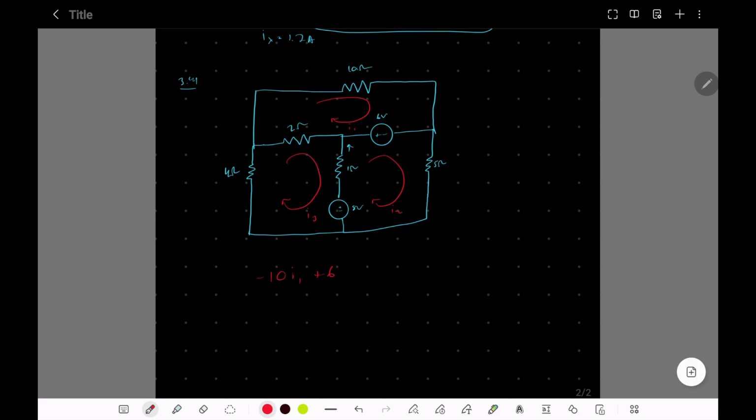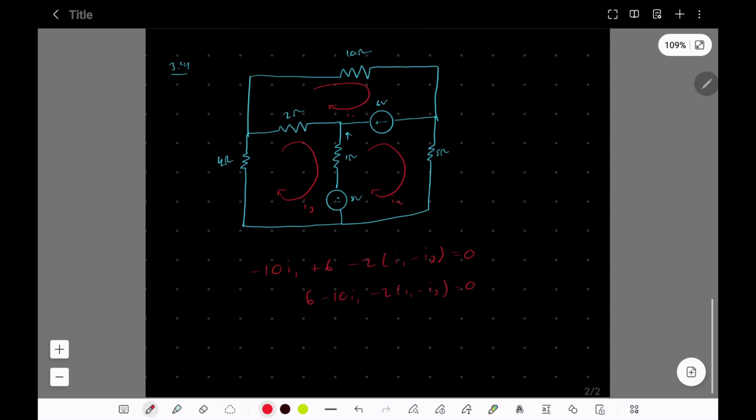We're going to have a voltage gain of 6 volts, and then we're going to have some voltage dropped across this 2 ohm resistor, but there's an opposing current I3, and so we have to account for that. So this becomes 6 minus 10 I1 minus 2 times (I1 minus I3) is equal to 0. And so now that's our first mesh current equation done.